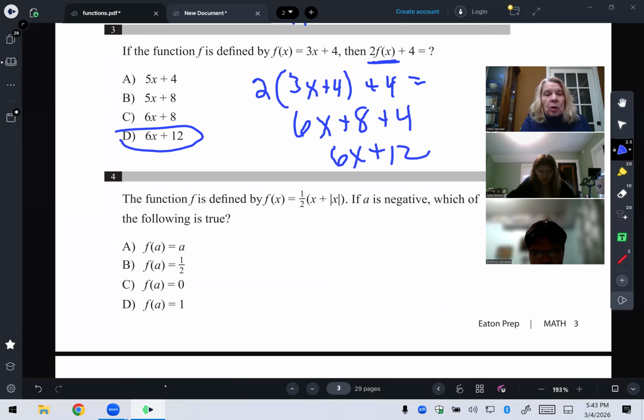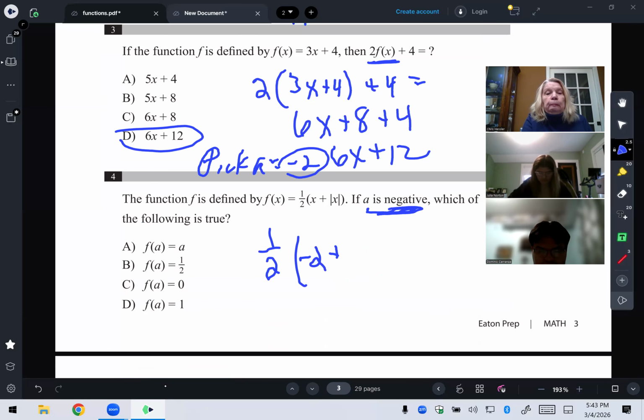Okay, so for this one, a is a negative number. Now I'm going to just pick a number. I'm just going to say a is negative 2, but you can do what you will. So x would be negative 2 plus negative 2 in the absolute value.